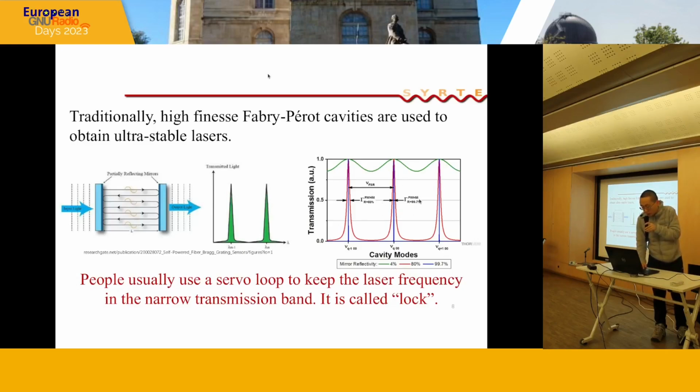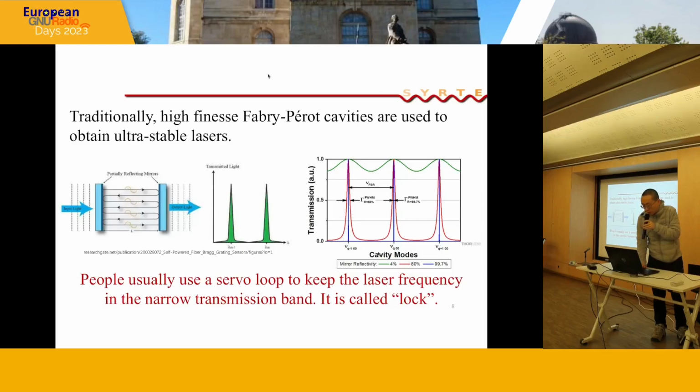On the right plot, it shows the transmission curves with mirrors of different reflectivity. This green one is with the lowest reflectivity, which shows the widest transmission peak, and the red one has relatively higher reflectivity, and then it shows a narrower passing bandwidth.